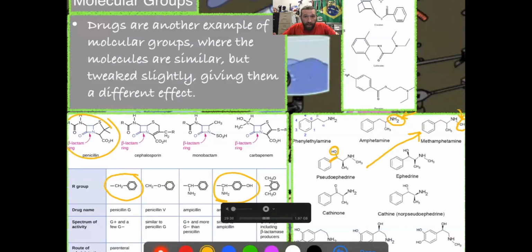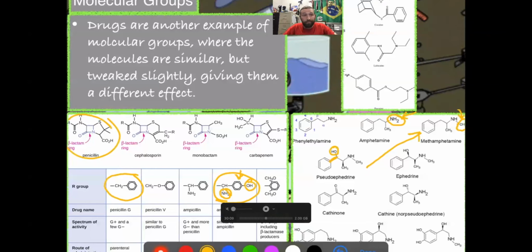It has the same effect on the bacterial infections, but it doesn't give me hives, it doesn't give me respiratory issues, and I don't have an allergic reaction to it. And what's the main difference between them? Well, amoxicillin has the NH2 attached down here, and on the end of its carbon ring here, it has an OH. Those two tweaks right there to that molecule make it so I don't have an allergic reaction.